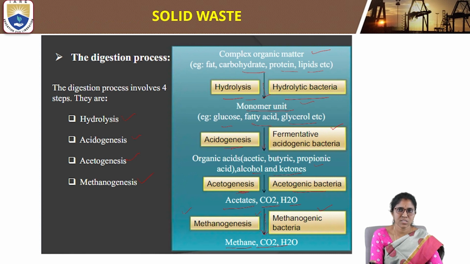First is hydrolysis, in which macromolecules are converted into monomeric units. In the second step, acidogenesis, monomeric units are converted into organic acids. In the third step, acetogenesis, organic acids are converted into acetates, and these acetates finally give methane, CO2 and water by the methanogenesis process.